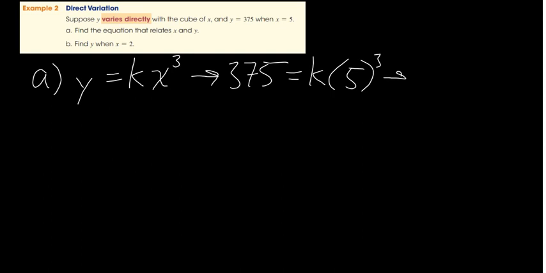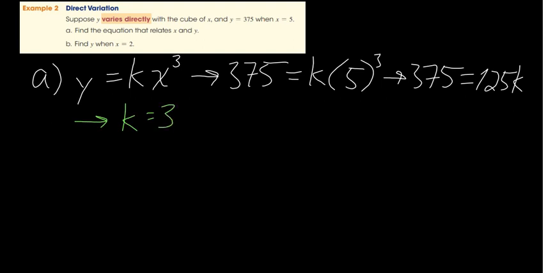And then this means that 375 is equal to 5 cubed, which is 125, so 125k. And of course, if we solve for k, we would divide both sides by 125, and therefore we would have k is equal to 3.